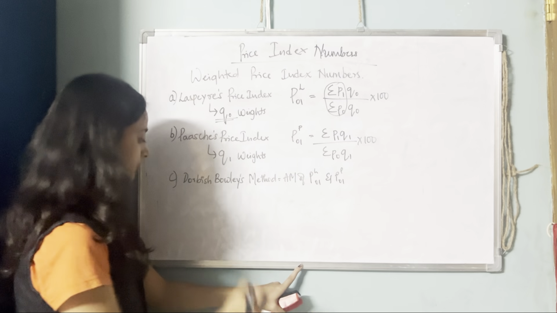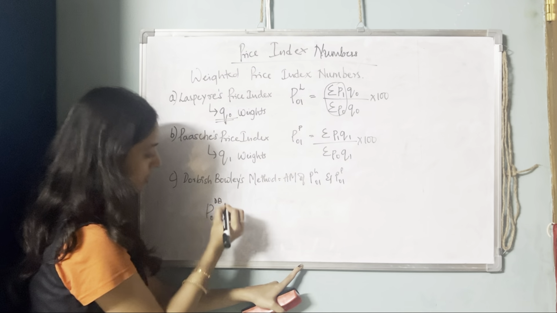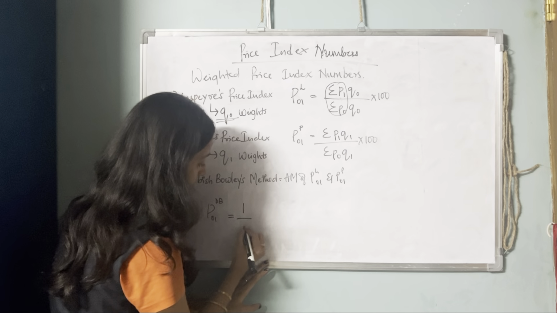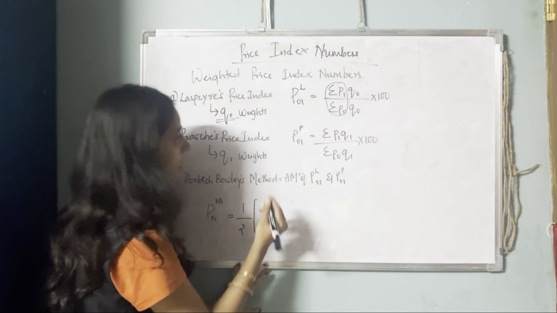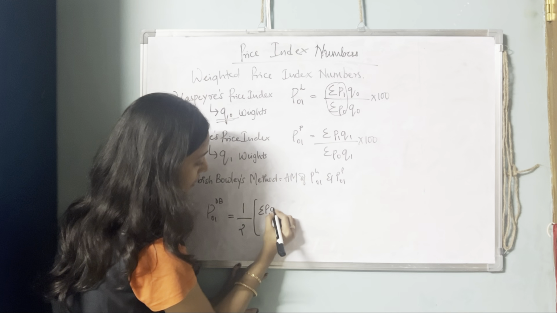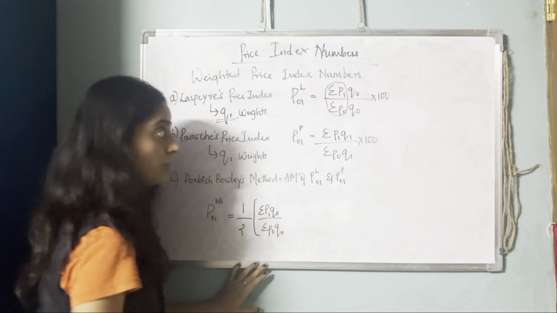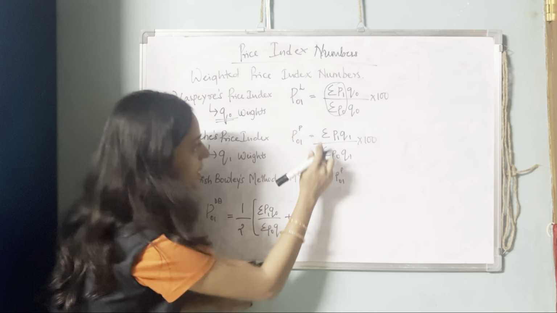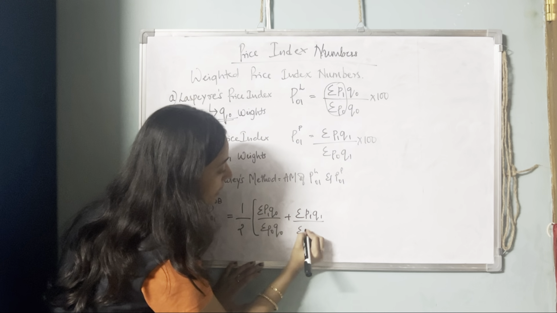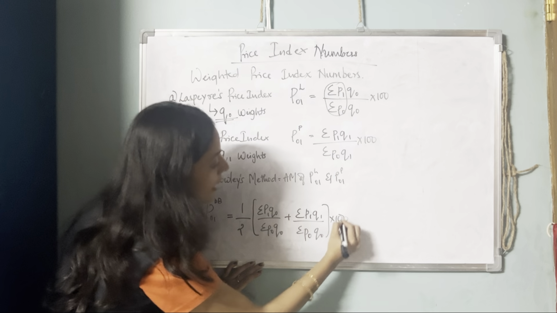So the price index according to Dorbish-Bowley's, we write DB, is equal to 1 by 2 into summation P1 Q0 by summation P0 Q0 plus summation P1 Q1 by summation P0 Q1, into 100.